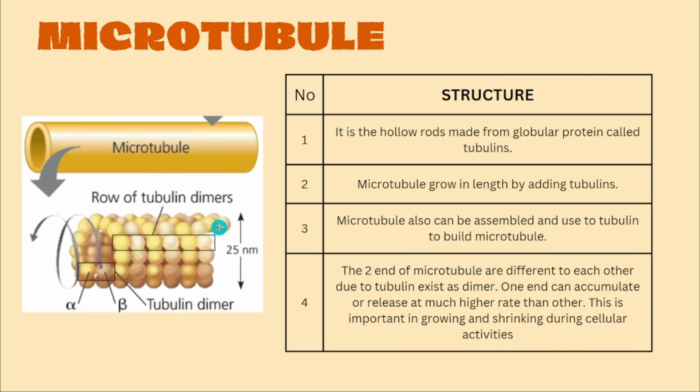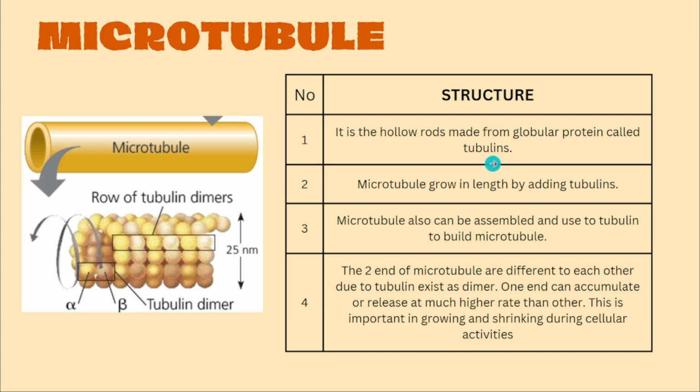So microtubule is the major protein fiber that composes the cytoskeleton in the cell. You can see that microtubule is quite thick. It is a hollow tube made from the globular protein called tubulin.